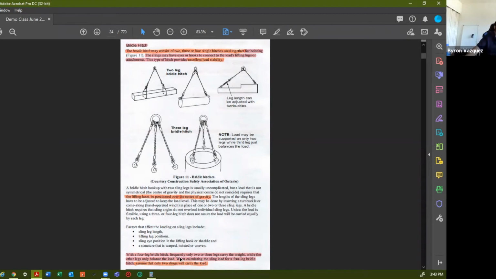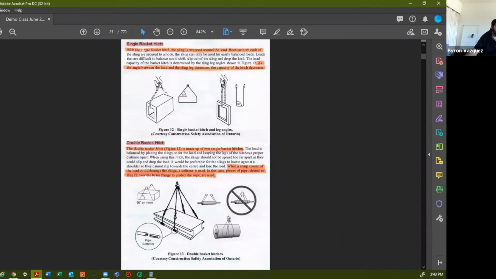So if the load is 1,000 pounds, you still need slings that are rated for 1,000 pounds, because the load isn't going to be distributed among all 4 slings evenly. In fact, most of the weight is going to be taken by 2 or 3 slings, or even 1 sling. The remainder would be only for stability. So you're going to want to make sure that your rigging is up for the job.